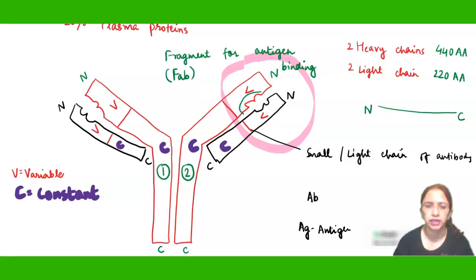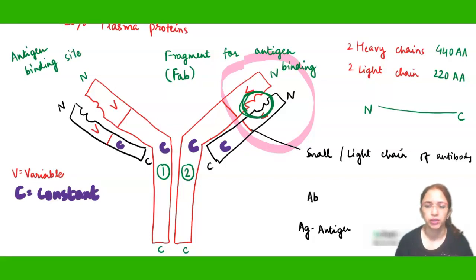You can see these structures between the heavy and the light chain. They are basically the antigen binding site, meaning this will bind to the antigen. And antibodies are very specific in nature.